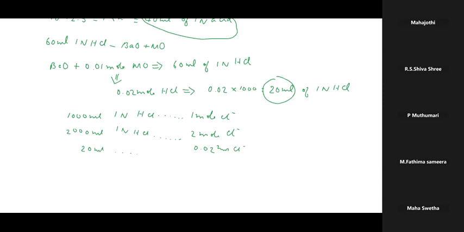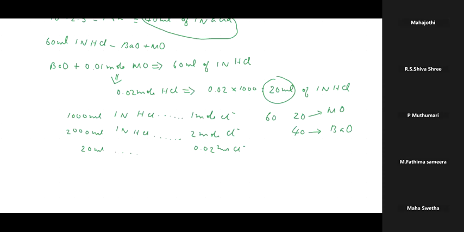So out of the 60 ml, 20 ml is for the unknown metal oxide. The remaining 40 ml is for barium oxide.